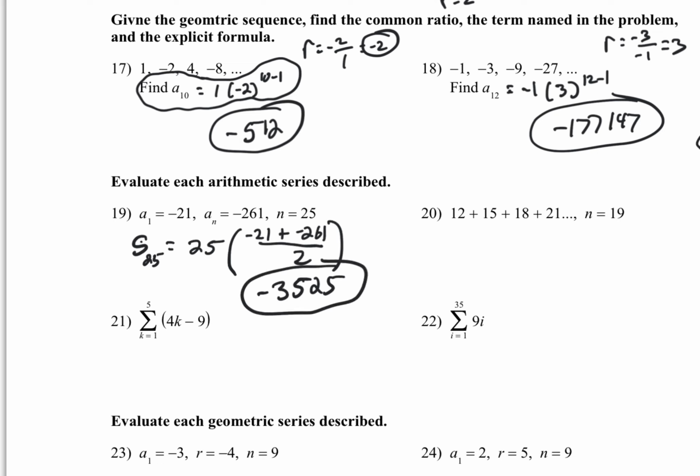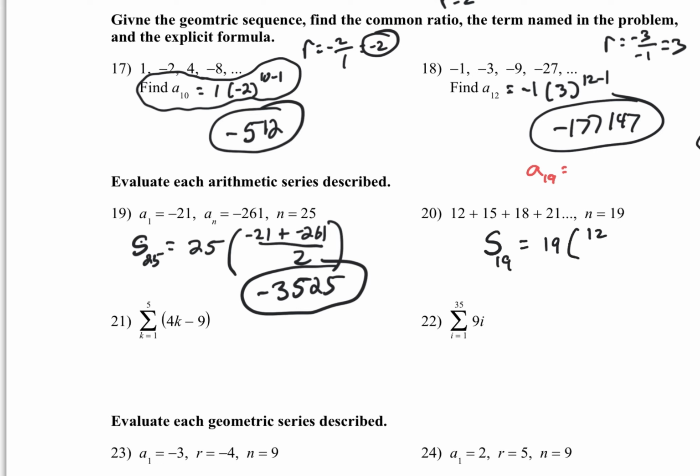For number 20, we're going to find s of 19. So that's going to equal our number of terms, 19, times our first term, which is 12. But now we also need to know a of 19. So we have to use the formula from sequences.